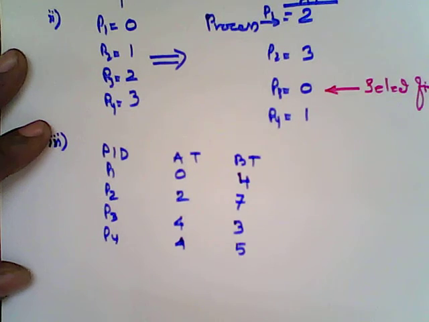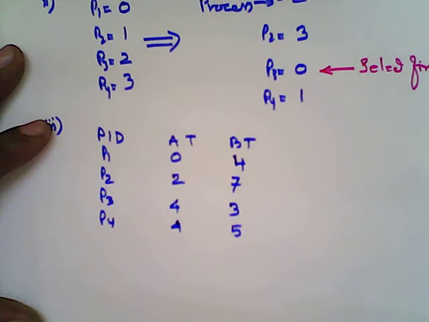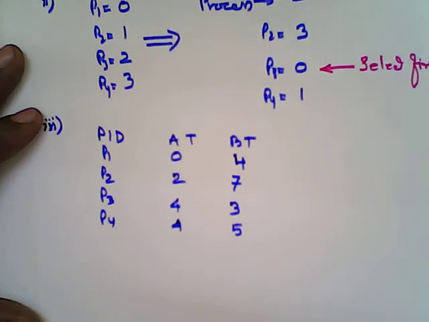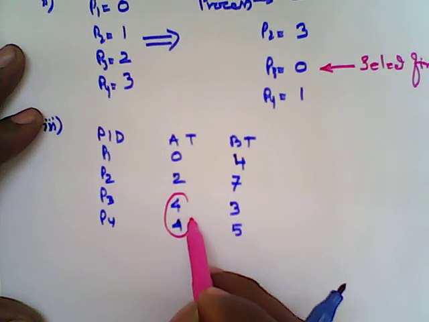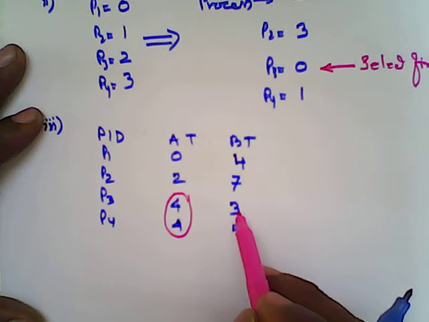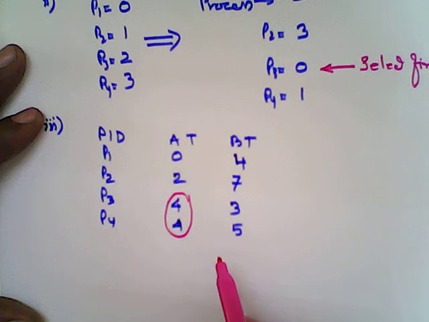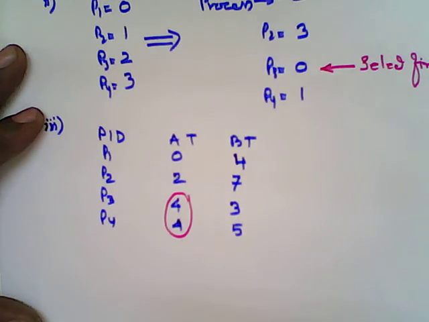Under this condition, the arrival time of these two processes is the same. One has a burst time of 3, and the other has a burst time of 7. Which will you select? You select the one with the lowest burst time.